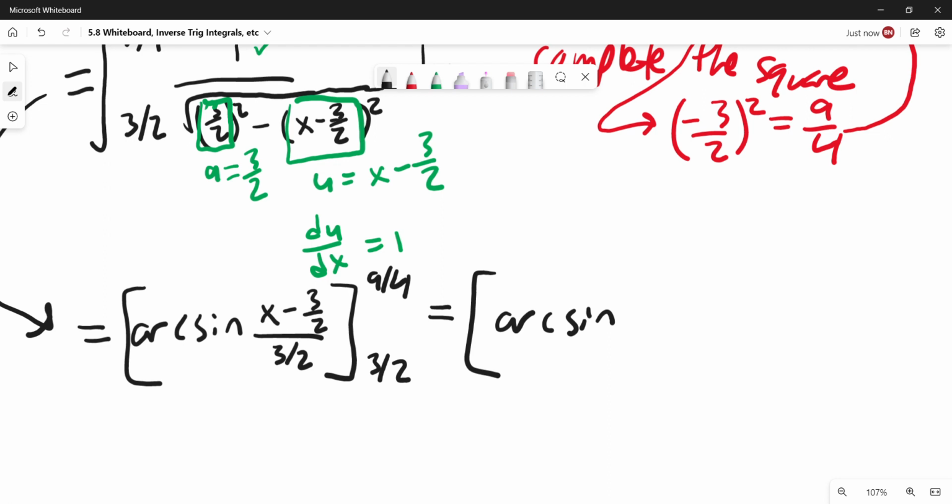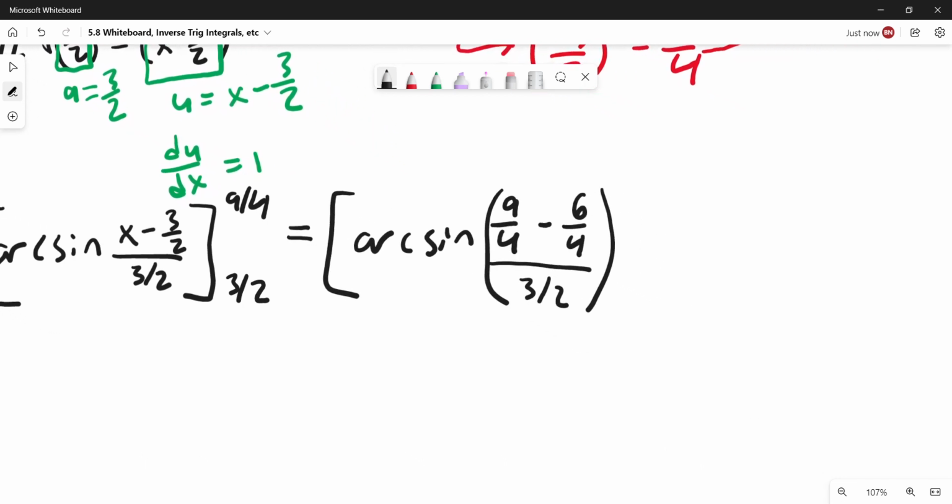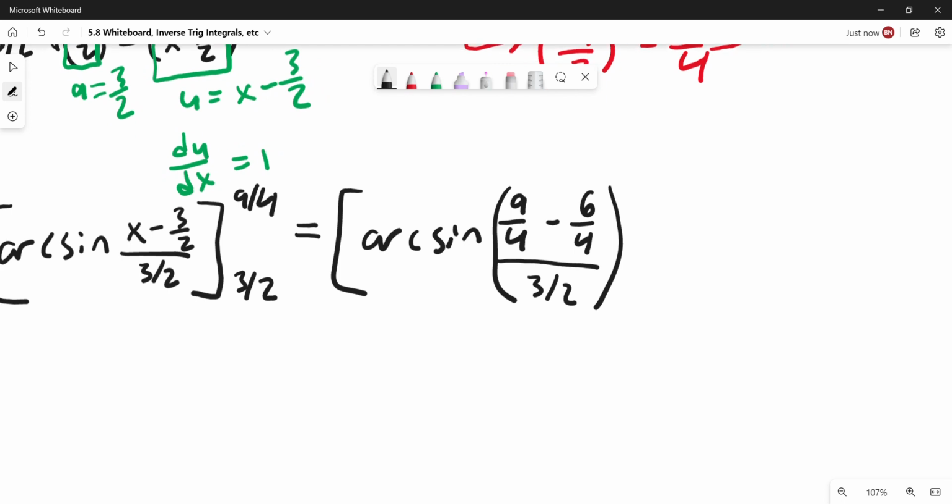Arcsine of 9 fourths minus 3 halves is the same as 9 fourths minus 6 fourths, so 9 fourths minus 6 fourths over 3 halves. And the next one, where we plug in x is 3 halves, is easier.